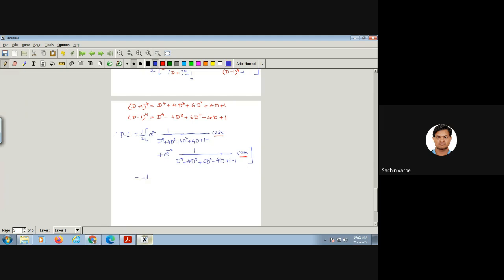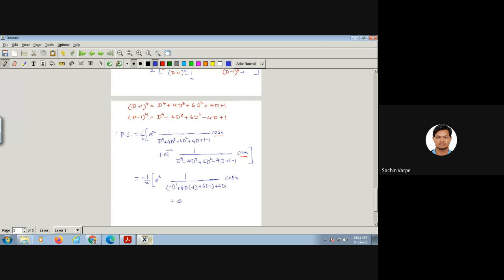So plus half e raised to x into 1 upon, wherever D square appears we have to substitute minus 1. So D raised to 4 means D square squared, so that becomes minus 1 squared, plus 4D cube means D into D square, so D into minus 1, I'm writing. I'm skipping one step here. If you have a doubt with this step, please let me know. 6 into minus 1 plus 4D. The minus 1 plus 1 gets cancelled, cos x.